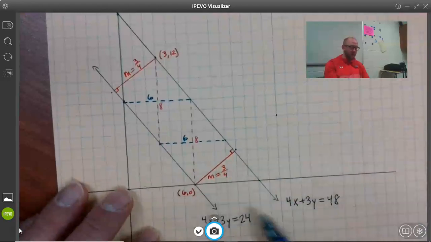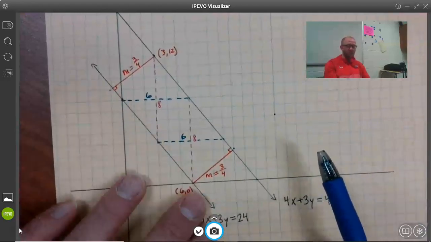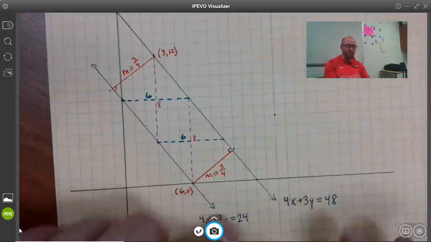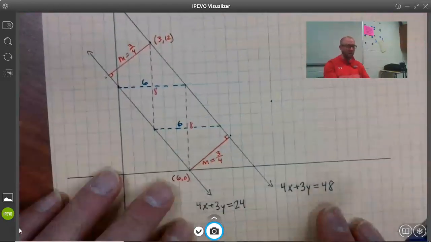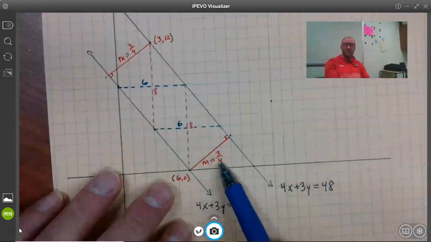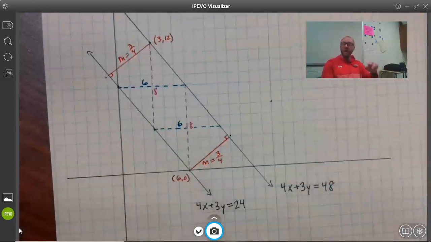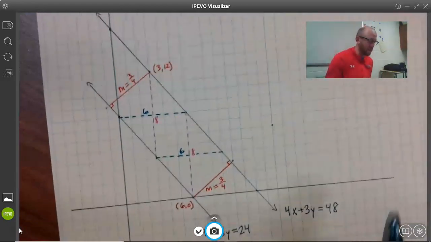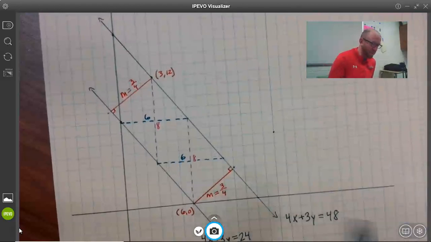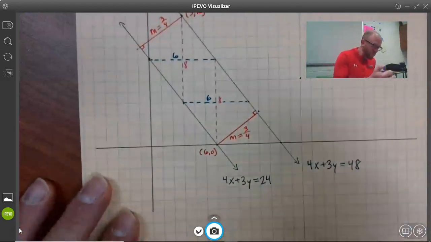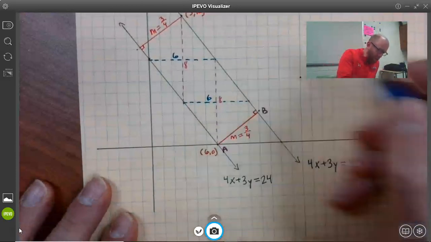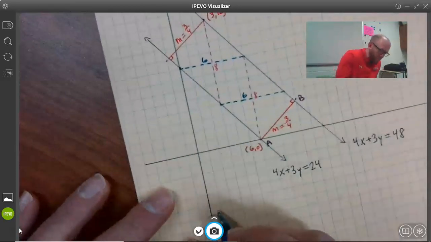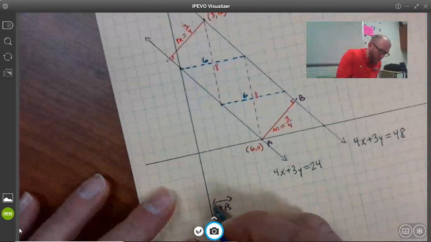The slope of these two lines here is negative 4/3, which we can get quickly from the equations, or you can just look at it. Since this is going to be perpendicular, it'll be 3/4, the negative reciprocal. You take the fraction, flip it upside down, and change its sign. So to write this equation, let's call this AB.